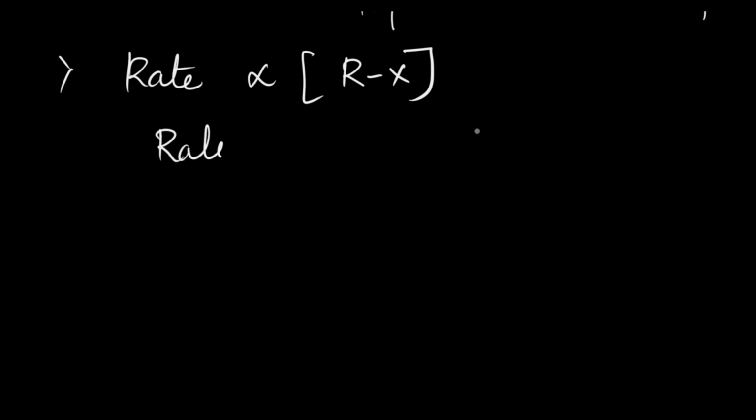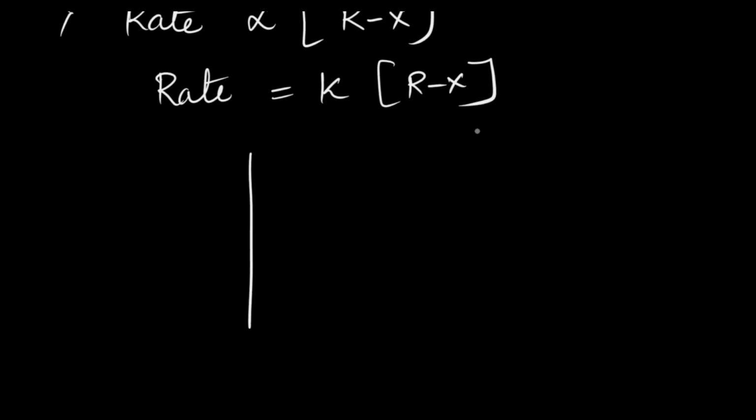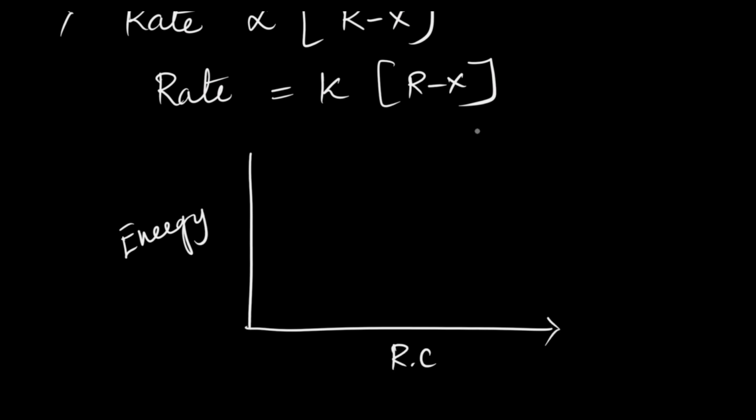And talking about the kinetics part, the rate is proportional to RX, the substrate, the reactant we just took. So the rate is equal to k[RX]. The energy profile diagram for SN1 becomes, I'm writing it as energy versus reaction coordinate.